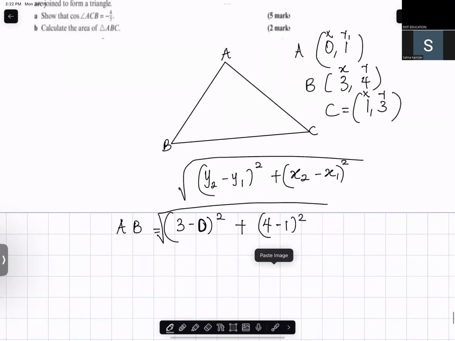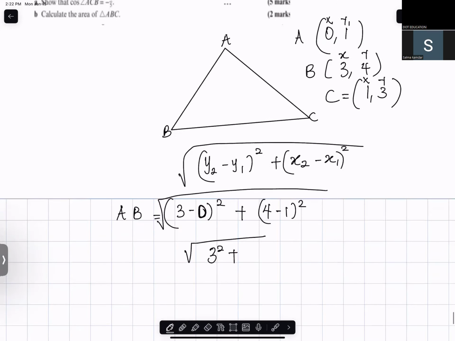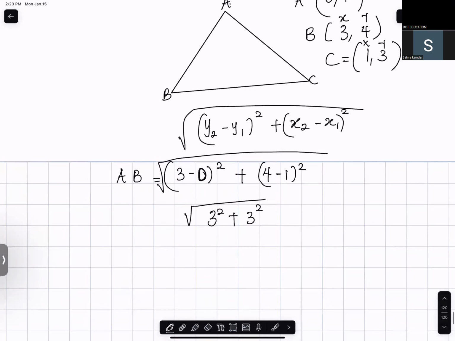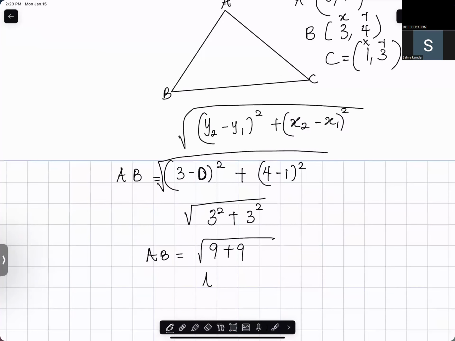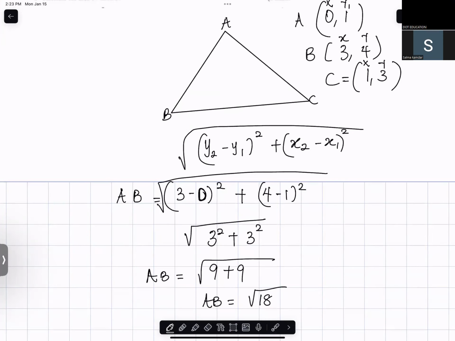So I have 3 minus 0 is 3, so I have 3 squared plus 4 minus 1 is also 3, that's 3 squared. So that gives 9 plus 9. So my AB is root 9 plus 9, which gives root 18. So we've gotten the distance between A and B as root 18 cm.